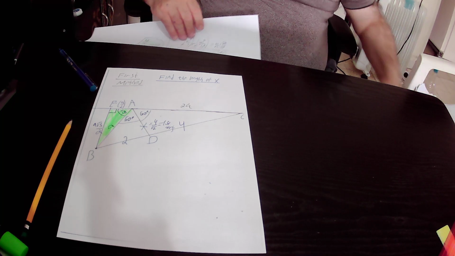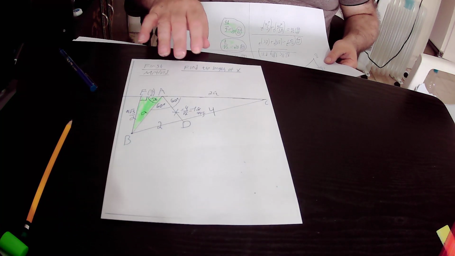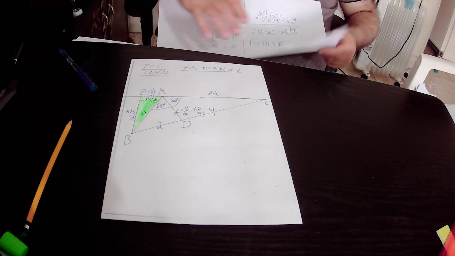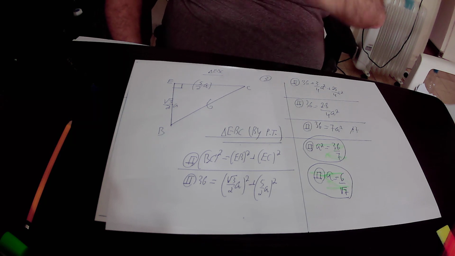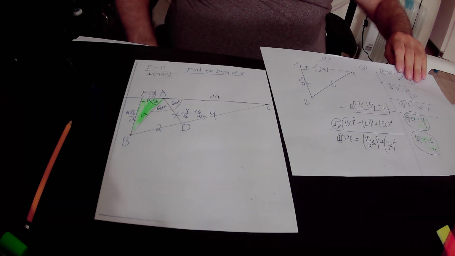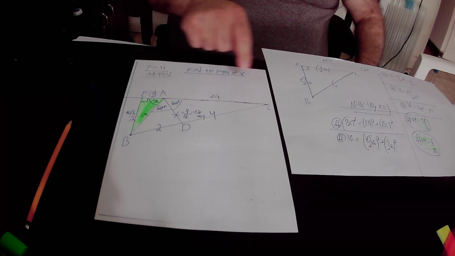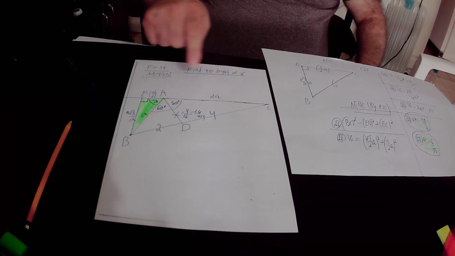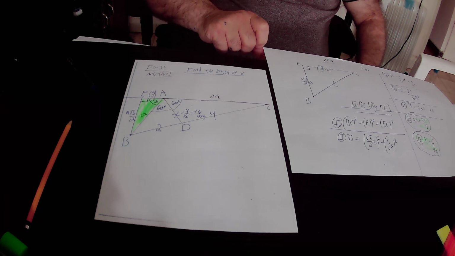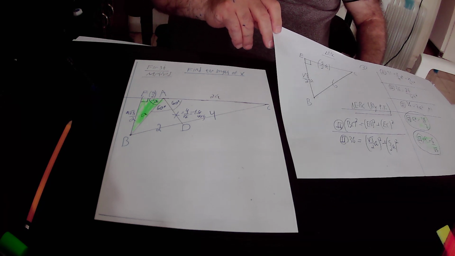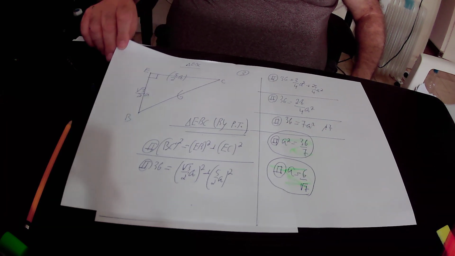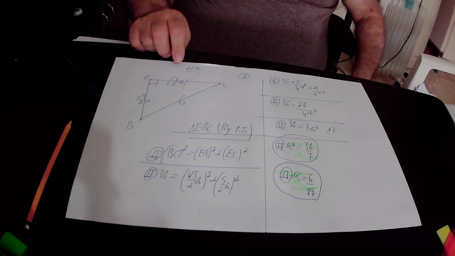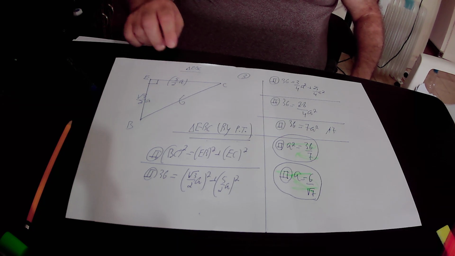Then we implemented the Pythagoras theorem on the big triangle ABC. I copied triangle ABC in this page. Here side EC equals 2a plus a over 2, which is 2.5a, and 2.5a is 5 over 2 a.